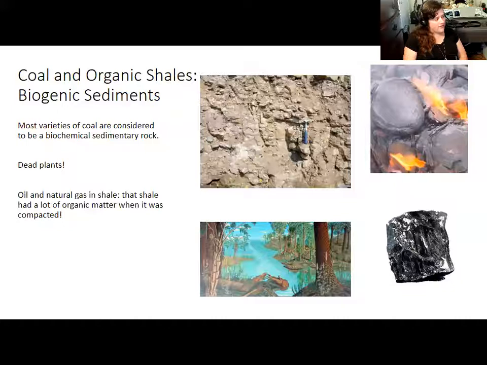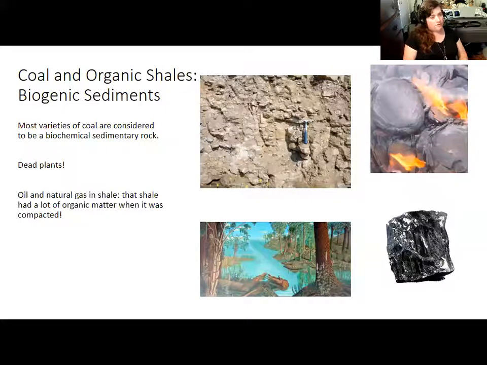And you actually get a similar thing with oil and gas, because you often find oil and gas in shales, a type of clastic sedimentary rock that forms from mud. But in places where you have a lot of dead plankton ending up inside of that mud, if it accumulates fast enough, the dead plankton will, through geologic processes, be converted into oil.